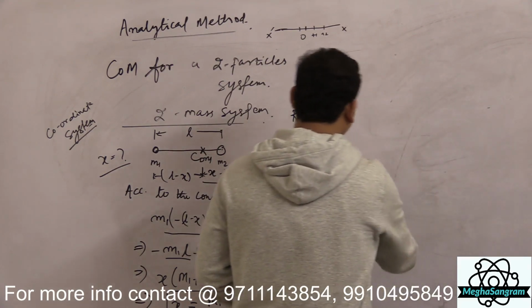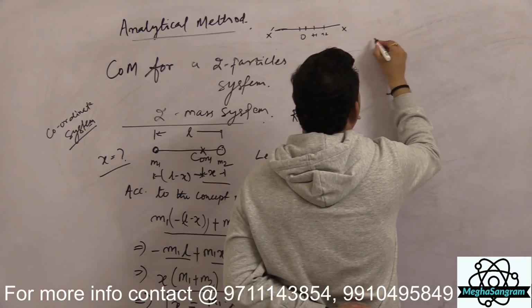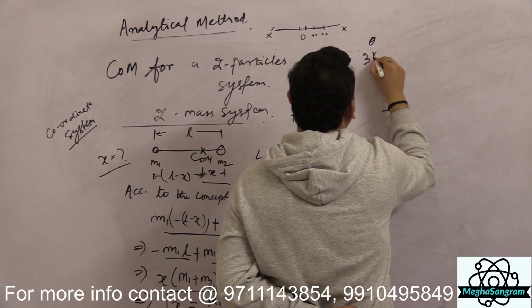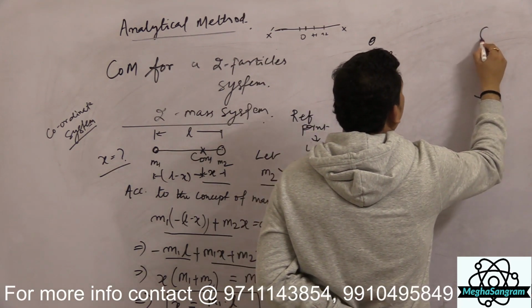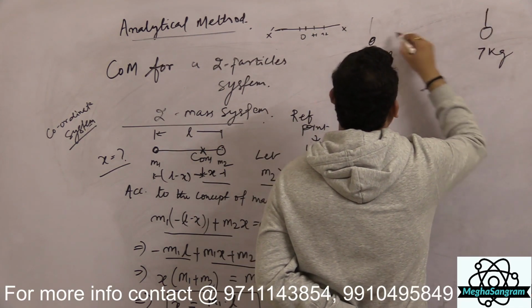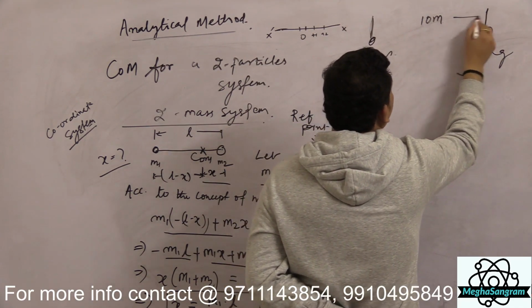See here, in a two mass system, let's say it's a 3 kg mass and another one is 7 kg mass, and they are separated by a distance of 10 meter, let us assume.